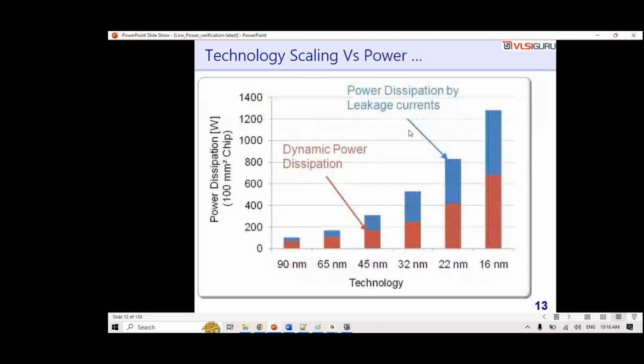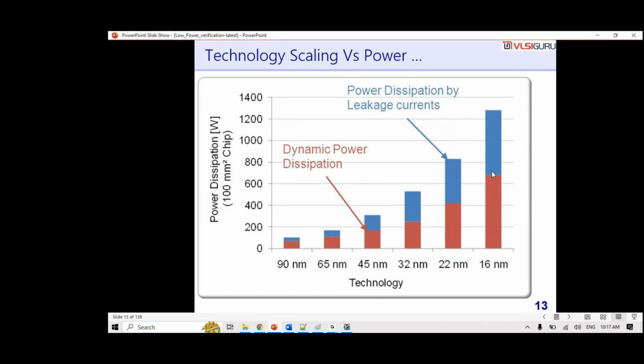Next. Further to it, this again shows, in terms of power dissipation numbers itself, per 100 square mm of the chip at 16 nanometer. I mean, beyond less than 90 nanometers where we are coming. You see that at 16 nm, almost both static power consumption and dynamic power consumption are matching.